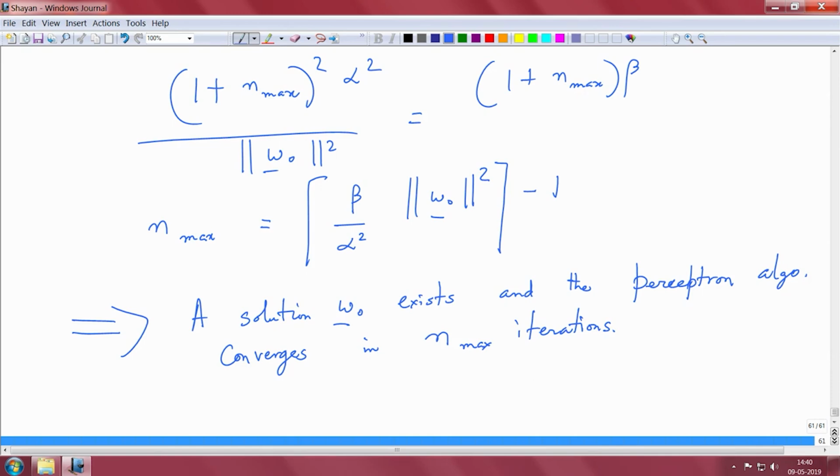Because it is linearly separable, there should exist a hyperplane, and by just adjusting the weight, by adding or subtracting a quantity, by balancing this seesaw somehow, right, we are able to settle to a value of n max which can terminate this algorithm, right. This is an important proof.